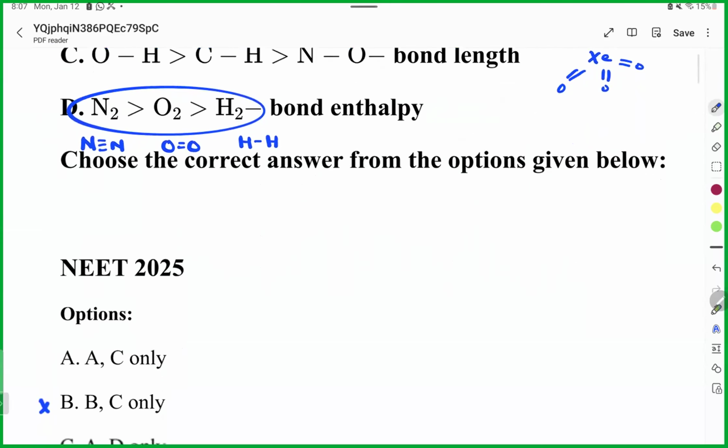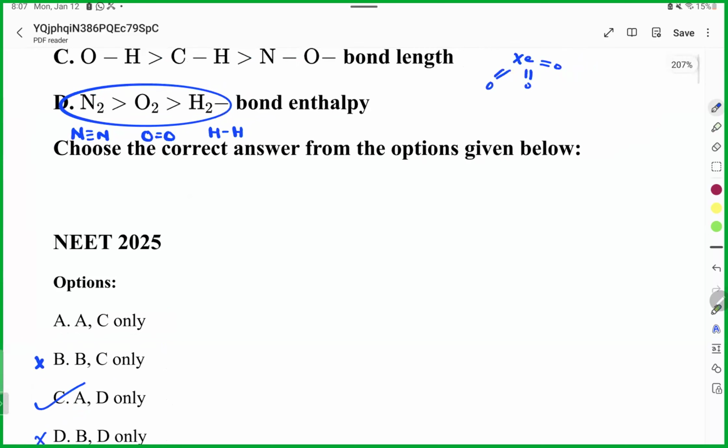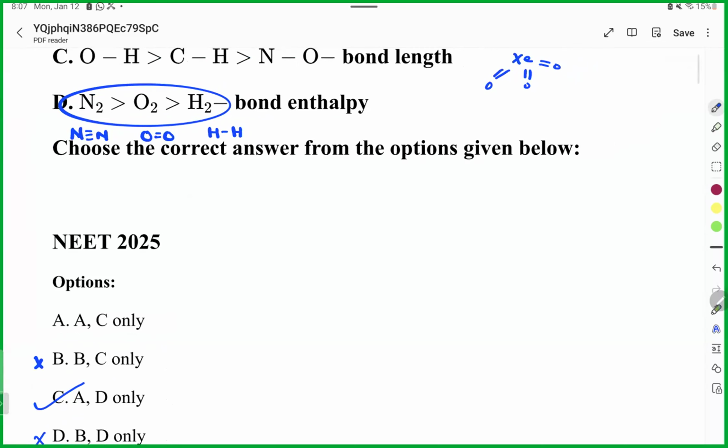This is correct. So D will be correct. Make sense? Can you show the D option? Bond enthalpy. Okay, okay, sir.